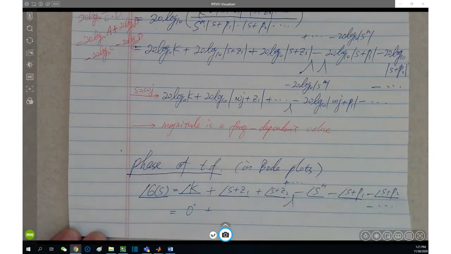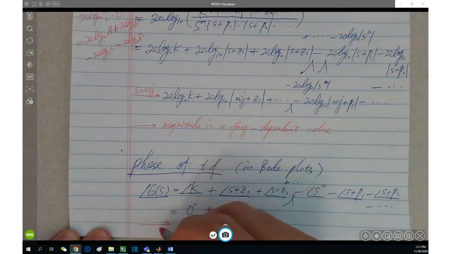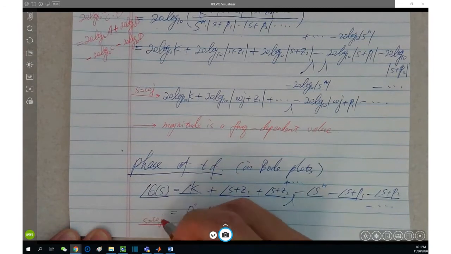And also here, once again, s is a frequency dependent term.